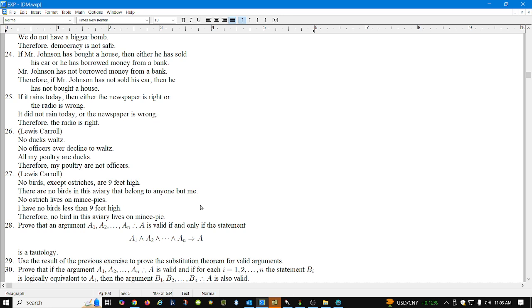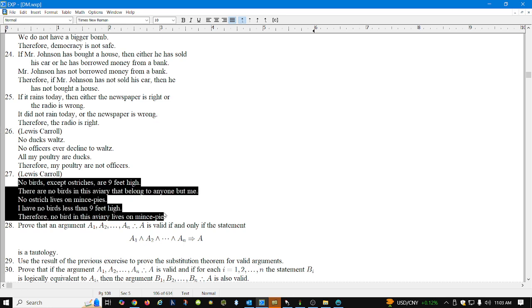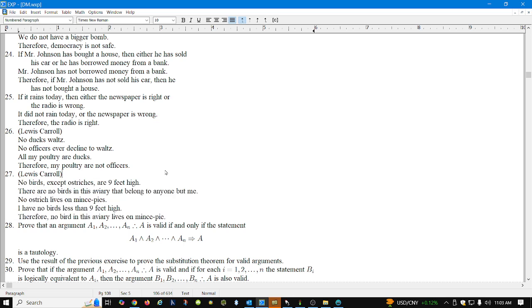You can always make the truth table. This is great power when it comes to evaluating logical arguments. Okay, so obviously it's not very important to know whether this argument is logical or not, or valid or not, but it's critically important to know whether mathematical arguments are valid or not.